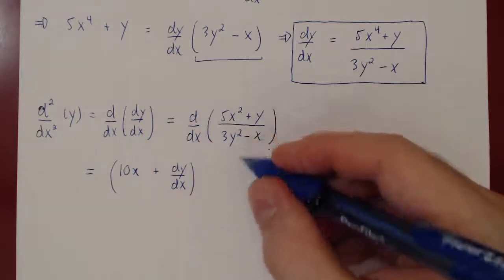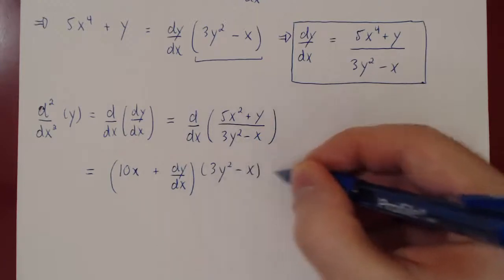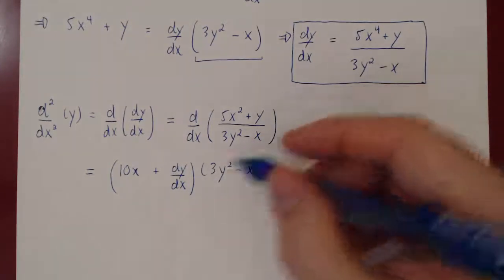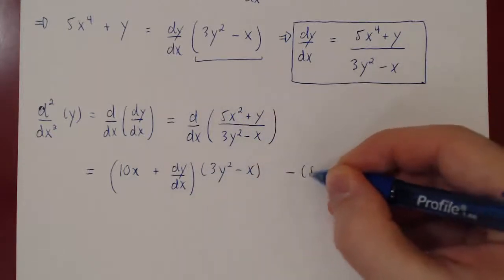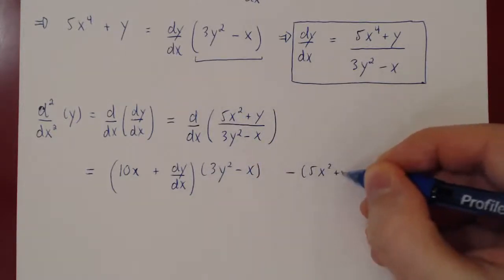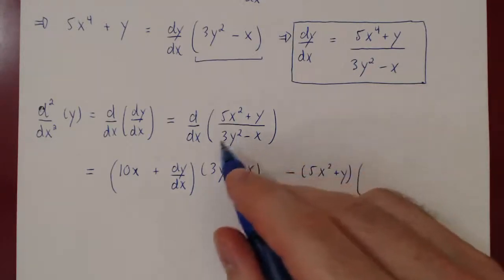times the denominator, 3y squared minus x, minus, now we flip the two rows, so minus the numerator, 5x squared plus y, times now the derivative of the denominator.